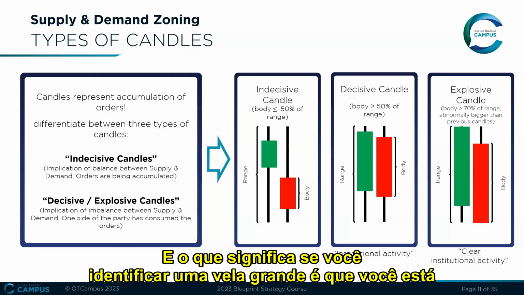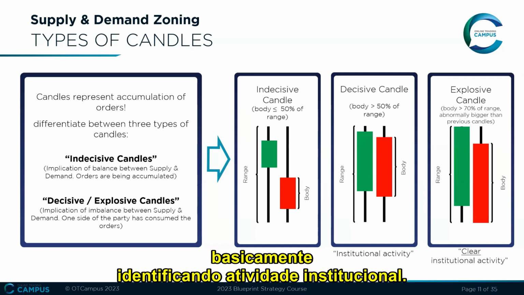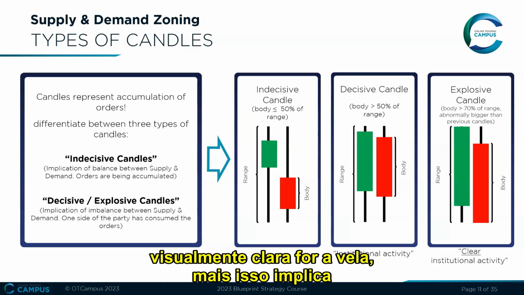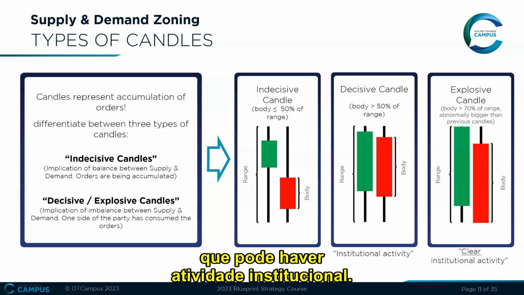And what it means if you spot a large candle is you're basically spotting institutional activity. And the larger, bigger, and more visually clear the candle is, the more it implies that there may be institutional activity.